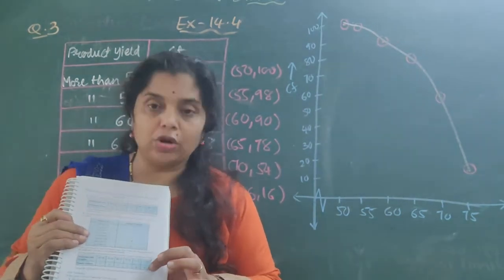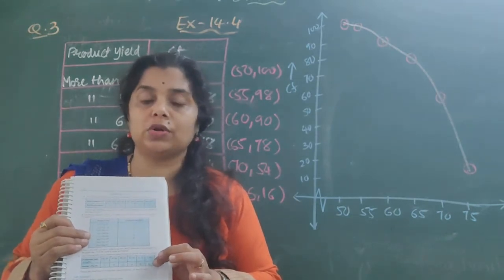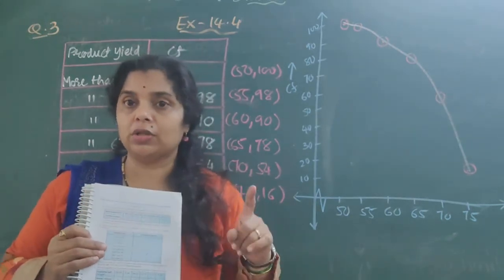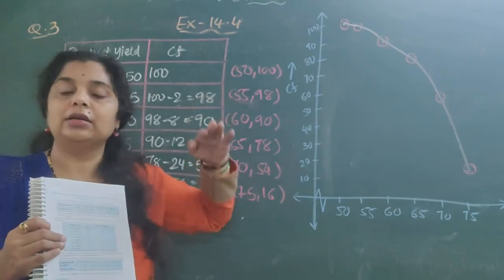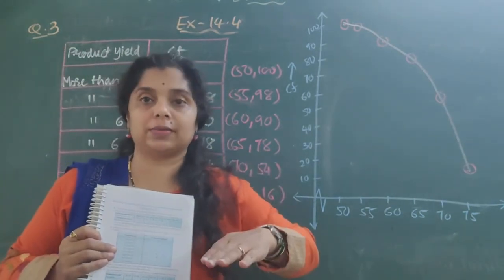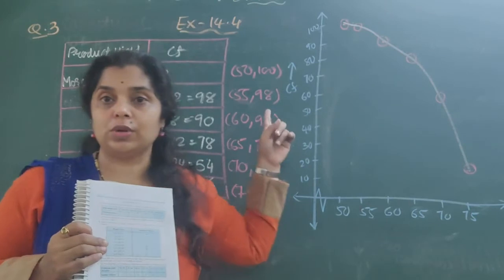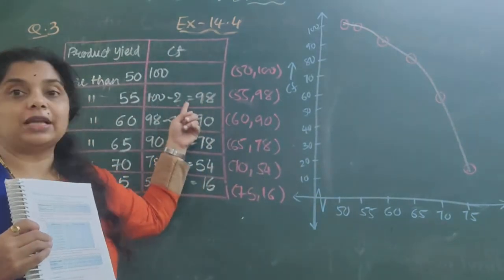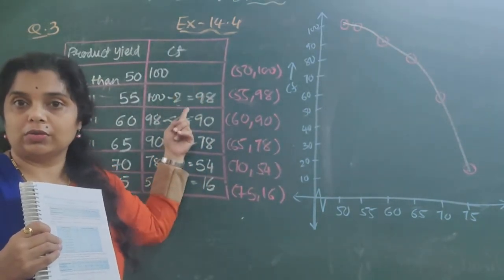These two things you have to keep in mind. For more than, you have to start with the total, and then gradually deduct the frequency of the next class from the original one first.